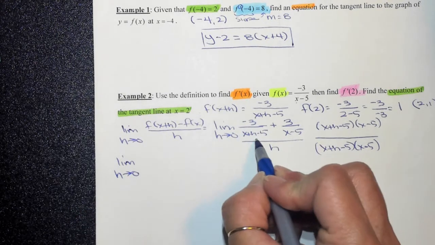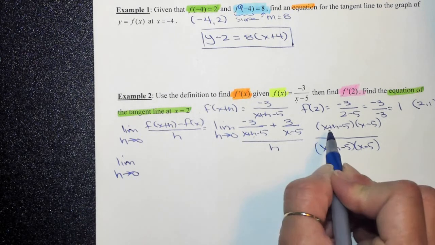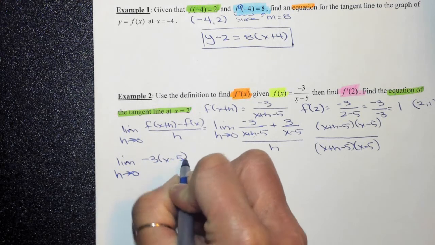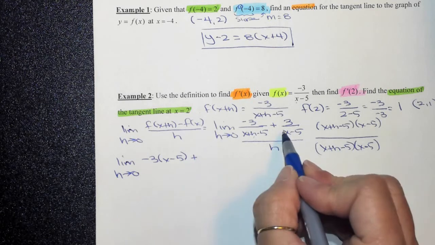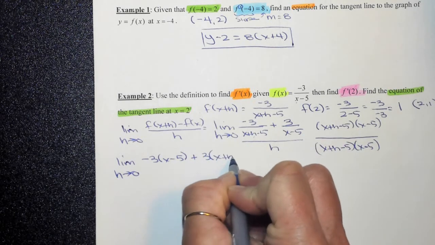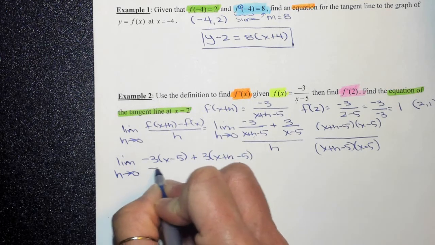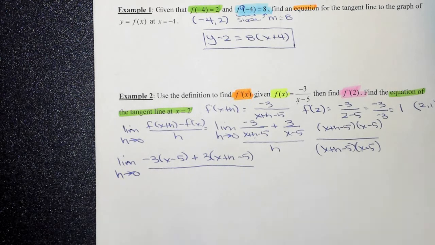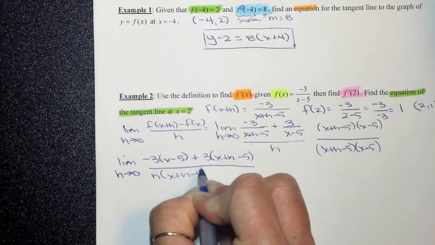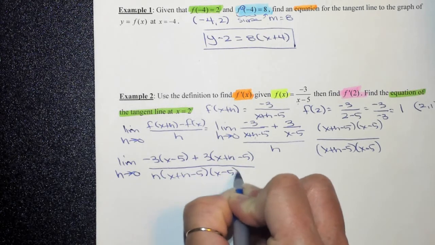When I distribute, my x plus h minus 5 cancel, and you're left with negative 3 times x minus 5 in the top, plus my x minus 5 cancel, and I have 3 times x plus h minus 5 here. And then in the bottom, do not distribute anything. Leave this h and everything that follows.